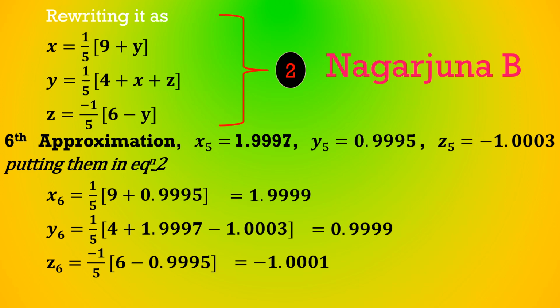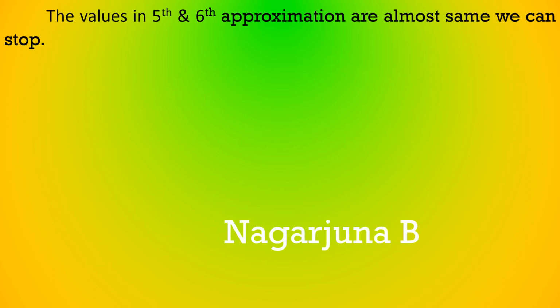That means this approximation finding can be stopped, and whatever values we get at the sixth approximation, x is 1.49, which is nearly equivalent to 2 upon rounding off. Then y equal to 0.49, which we got at the sixth step, is nearly equivalent to 1.